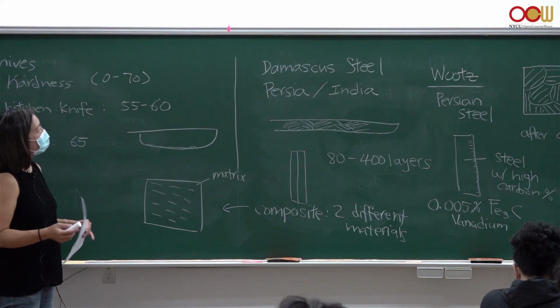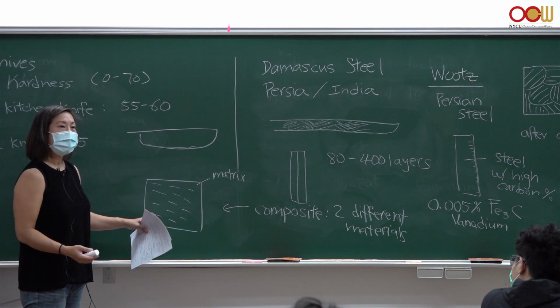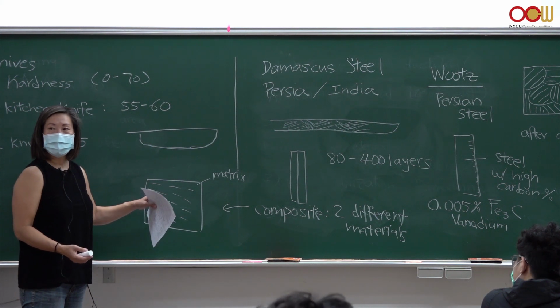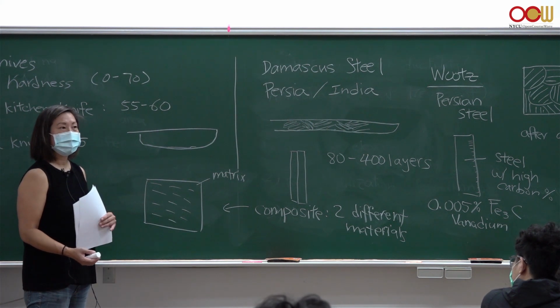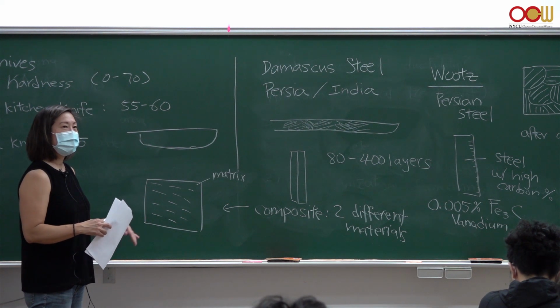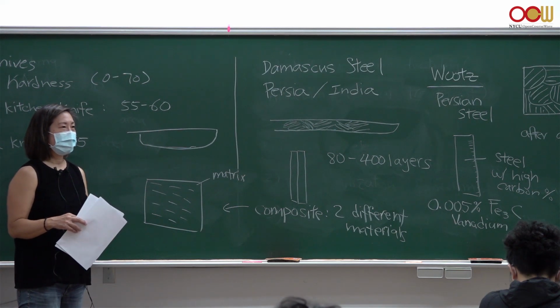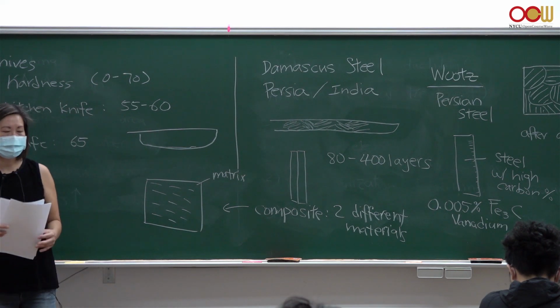And so for the Damascus steel and for wootz, you have a ductile matrix with a hard additive, something that's added in to give it the hardness. And so that's the distinct characteristic of these Damascus and wootz steels.